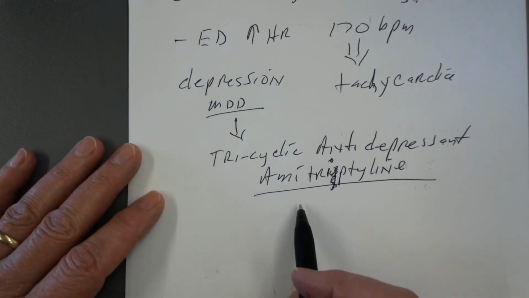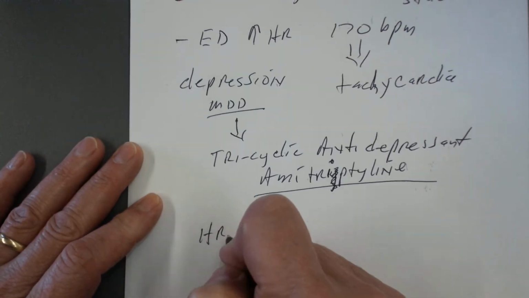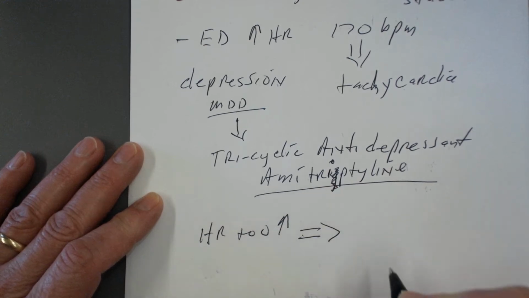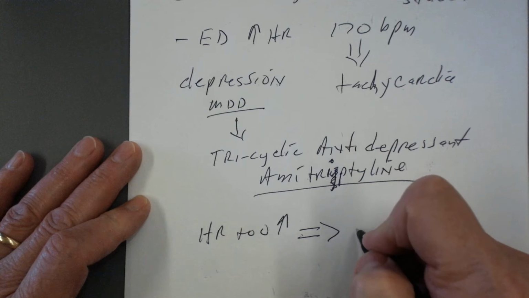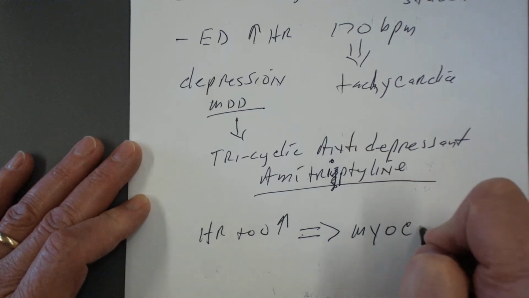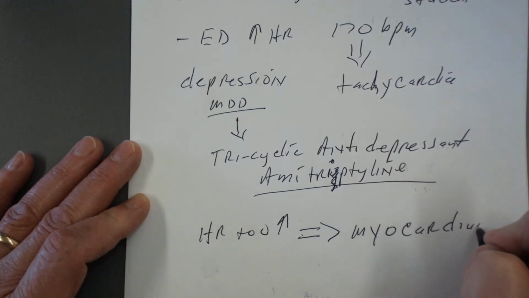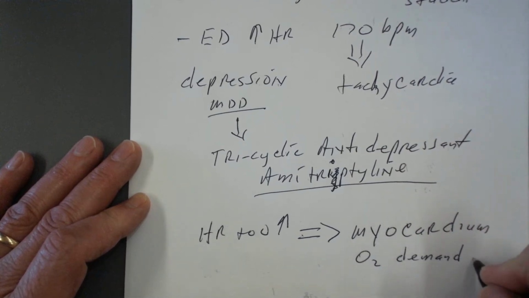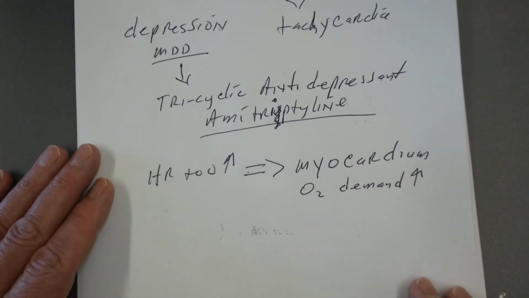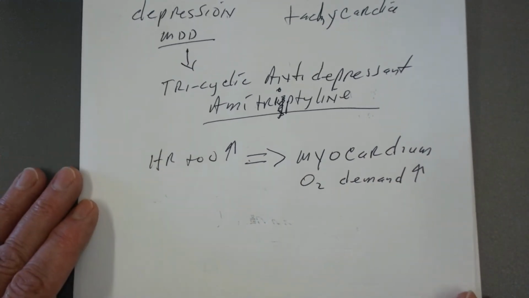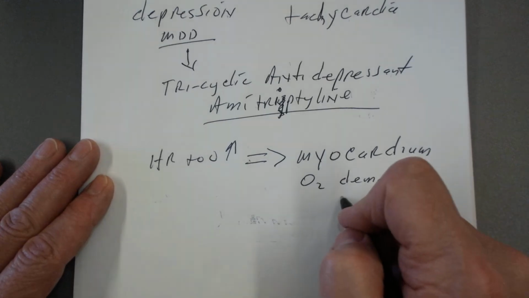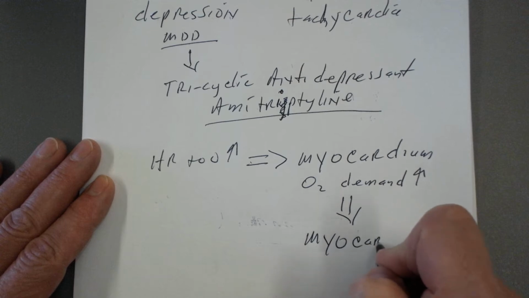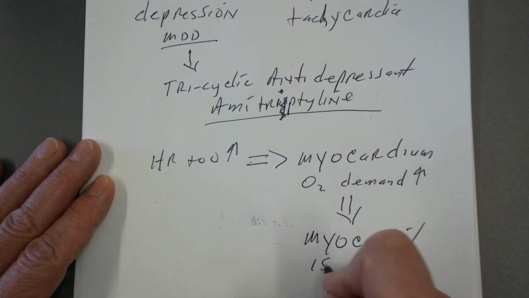Well, you want to be concerned about a tachycardia because when the heart rate is too high, it means that the heart muscle, the myocardium, its oxygen demand also increases. Because its oxygen demand increases, there's a possibility that the myocardium can suffer from myocardial ischemia.